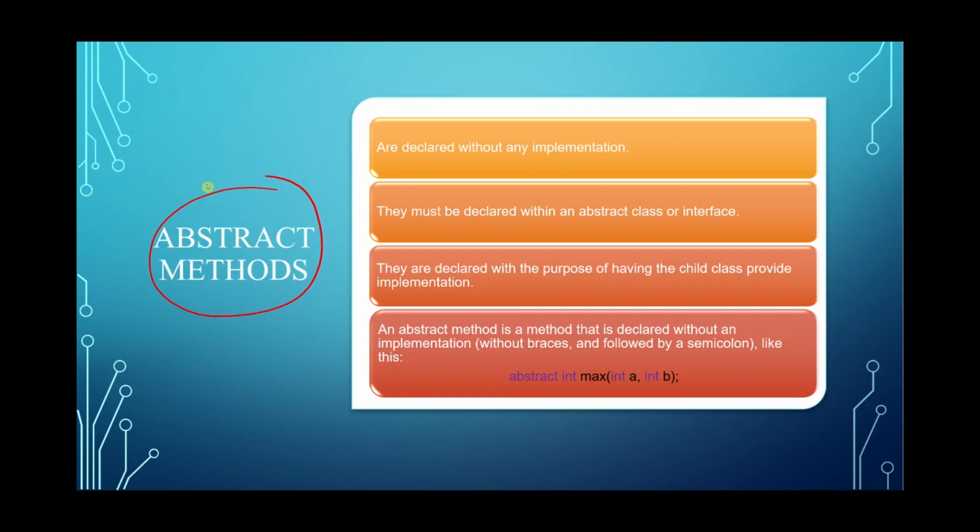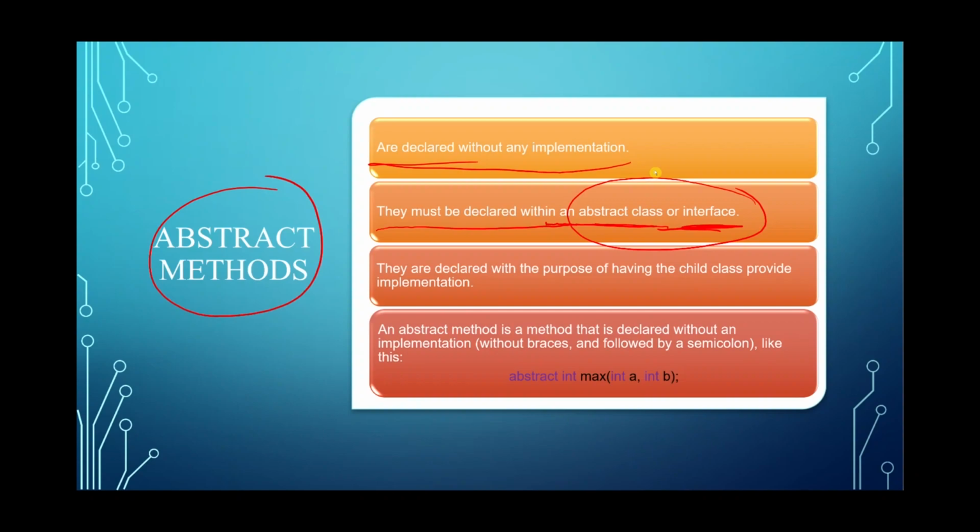As they are declared without any implementation, as we said, they must be declared within an abstract class or an interface. So you can never see an abstract method anywhere besides abstract classes or interfaces.